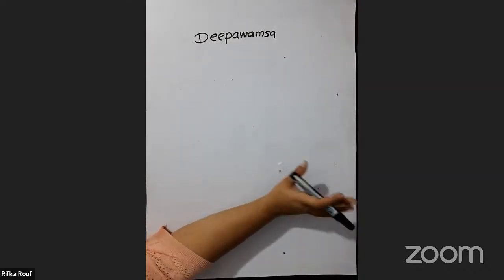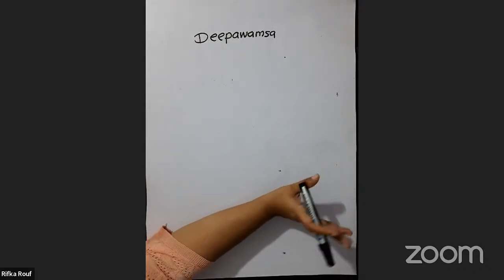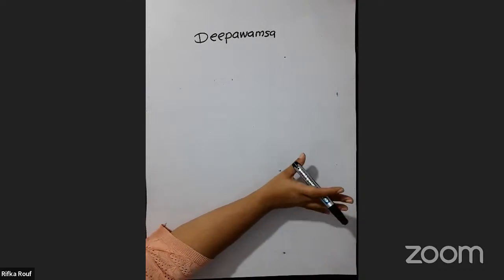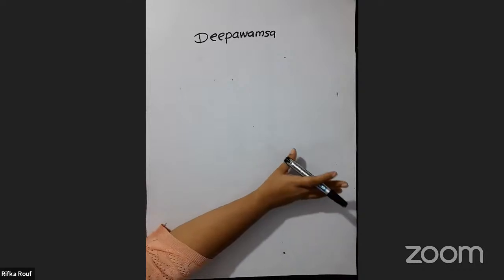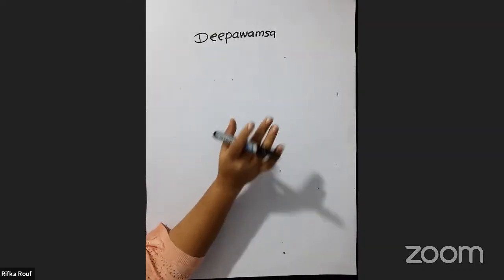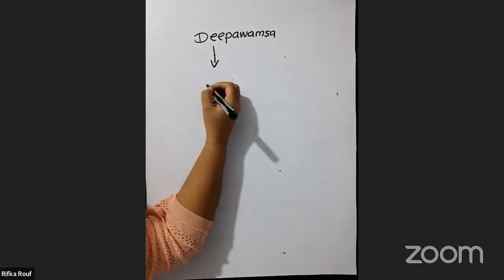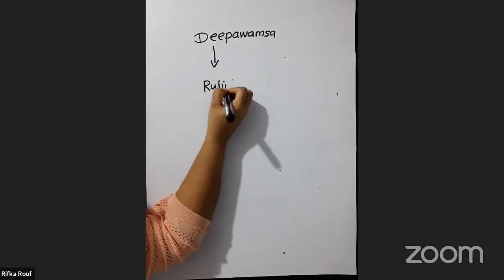So Deepavamsa, you should keep it in your mind. It is the oldest text which provides the information regarding the history of Lanka, and in that they have mentioned the information up to the end of the ruling period of Mahasen.